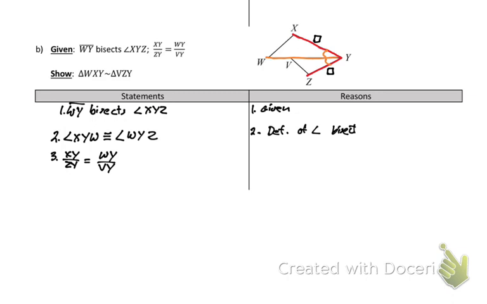WY is this whole orange side, and VY is this side right here. So I am comparing a side, angle, side, and for the other one, it's a side, angle, side. So that given gives me my sides. Step 3 is given, and then we're done because that is side, angle, side. So my step 4 is we are done.